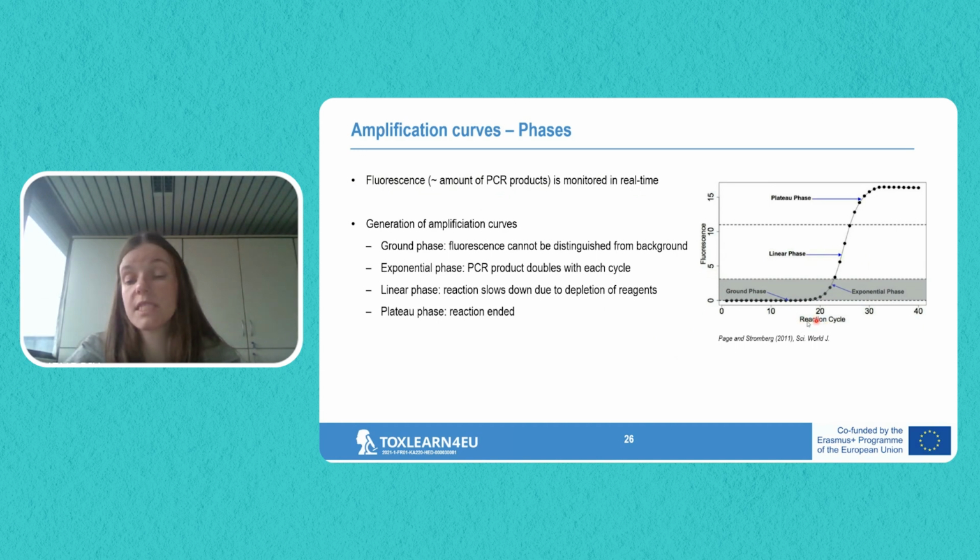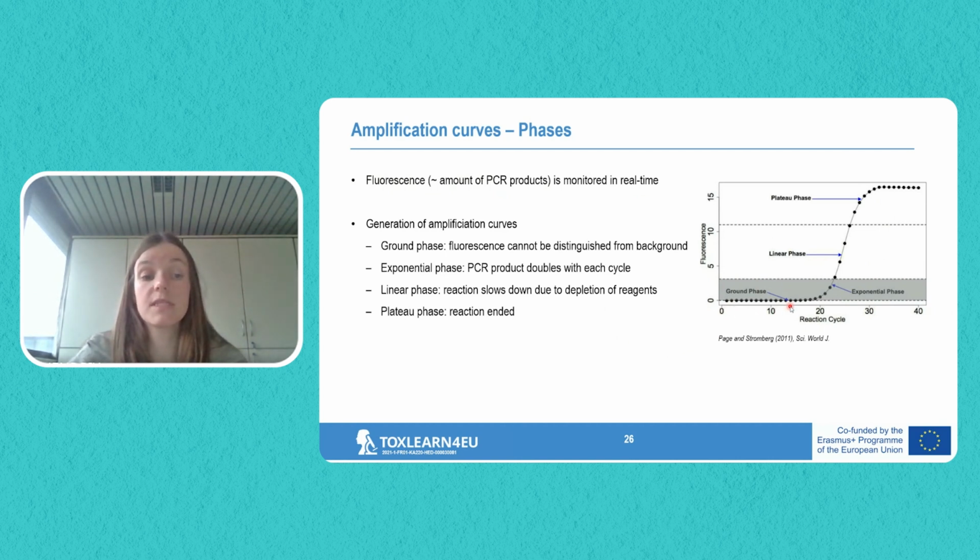And in these amplification curves, on the x-axis, you can see the reaction cycle. So as I mentioned, usually in a qPCR reaction, you run it for 40 cycles. And on the y-axis, you can see the fluorescence. And then you can see that these curves consist of 4 phases. First of all, you have the ground phase.